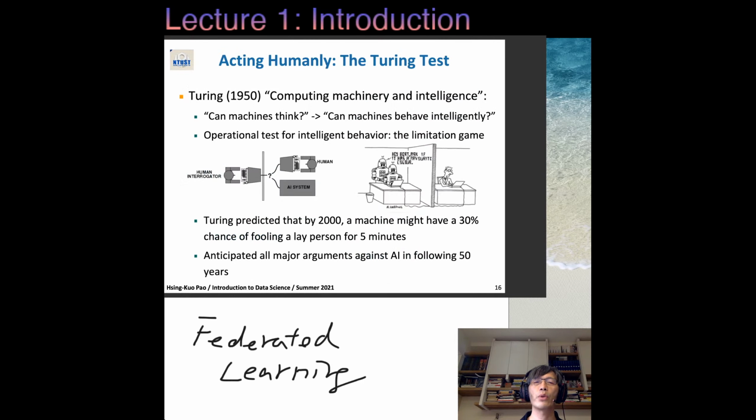But still we want to take a few moments to go through all the different categories, such as acting humanly, right? So usually one example is the Turing test. So the Turing test is that we want to ask someone to communicate with the other side.